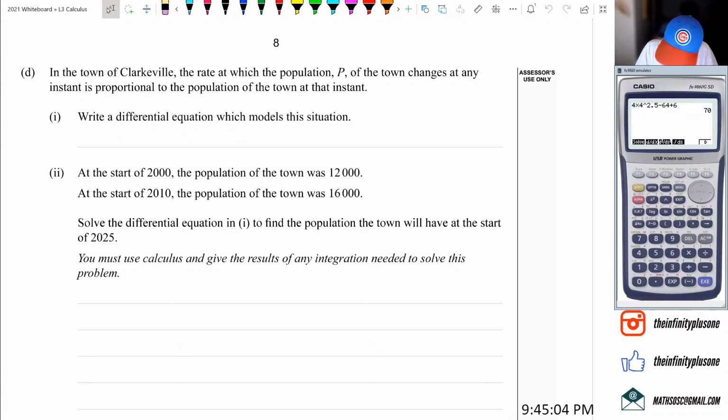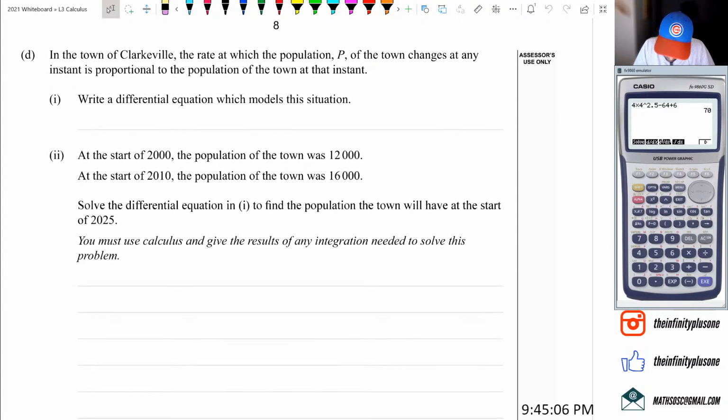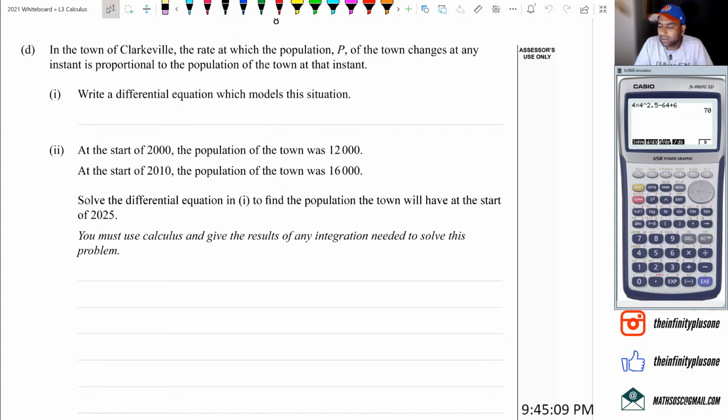Okay, let's actually go through this. So guys, one of the differential equation questions, I'm just trying to think. Why are you getting a syntax error there, Lou? I don't know what you're trying to integrate to get a syntax error.